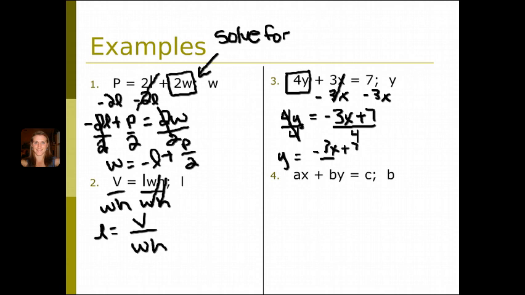Our fourth example, we're trying to solve for b. So I've got to get this term all by myself. I have to subtract ax from both sides. They cancel. I'm left with by equals, now a comes before c, so I have to write negative ax plus c.